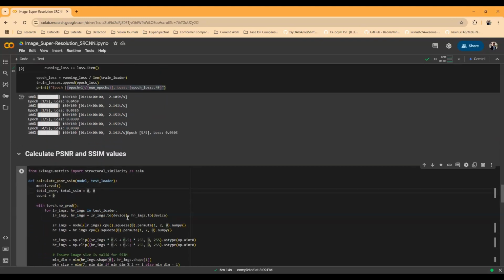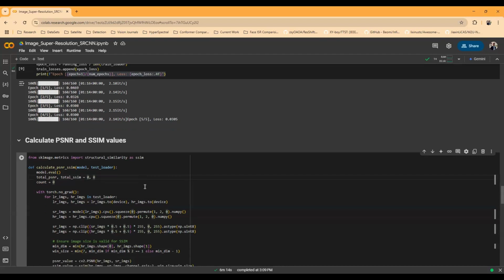Now, all of you must understand the various performance metrics used for regression and classification tasks. For regression, MSE and MAE losses are sufficient, but for classification we use F1 score, recall, precision, and various other things.